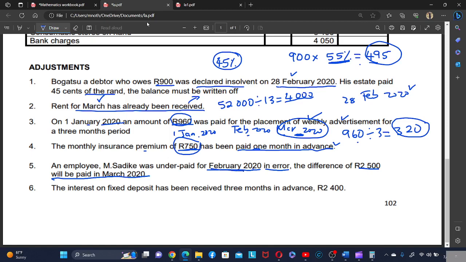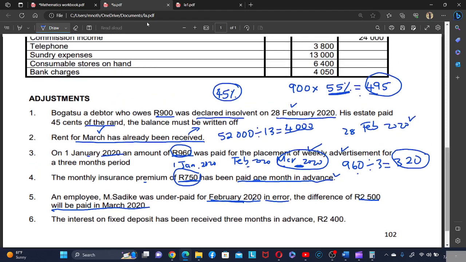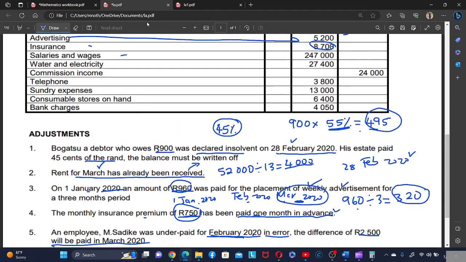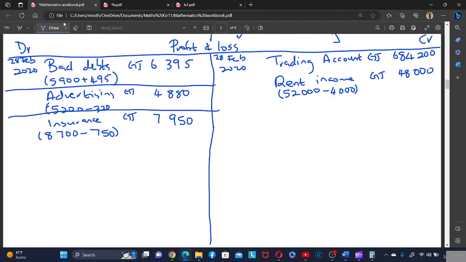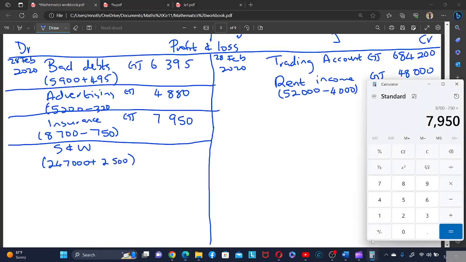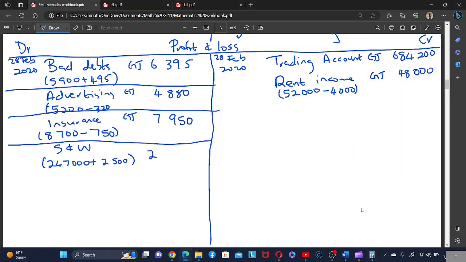So therefore, we must go and add this 2.5 in the salaries and wages. 247,000 plus 2.5, so 247 plus 2.5, 249,500, right?